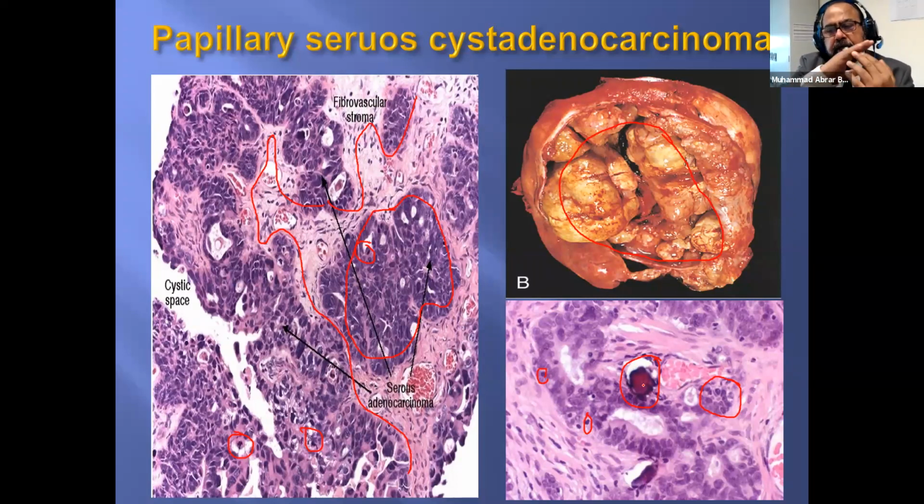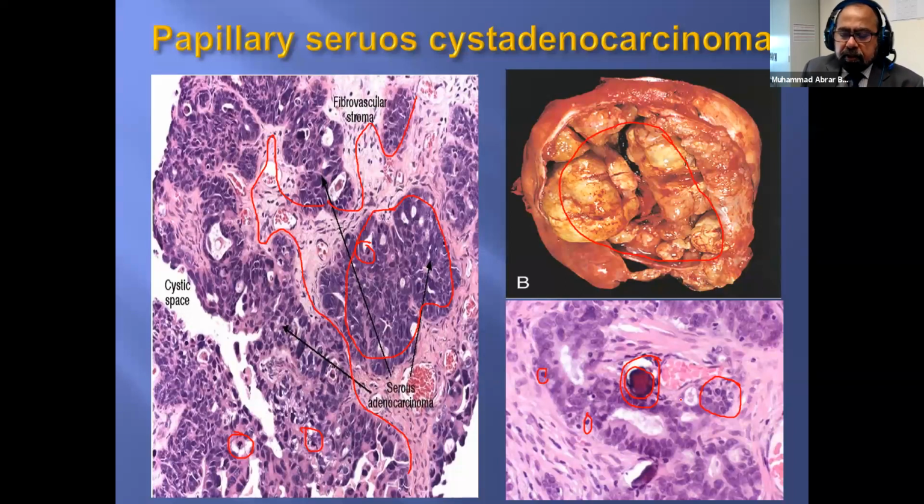And when you cut it in such a way through the microscopic slide, then you get this type of concretion in between. This is called a psammoma body, and this is a peculiar identification of serous tumor. You will not see this in a mucinous tumor.